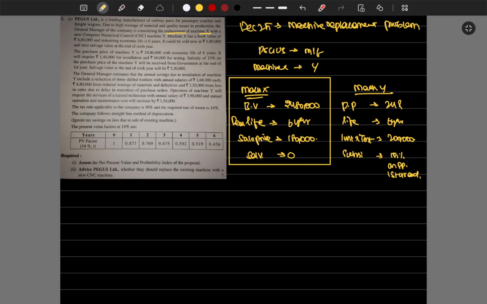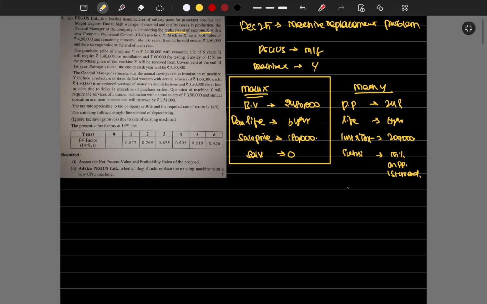Then comes salvage at the 6th year, which is rupees 3.2 lakhs.